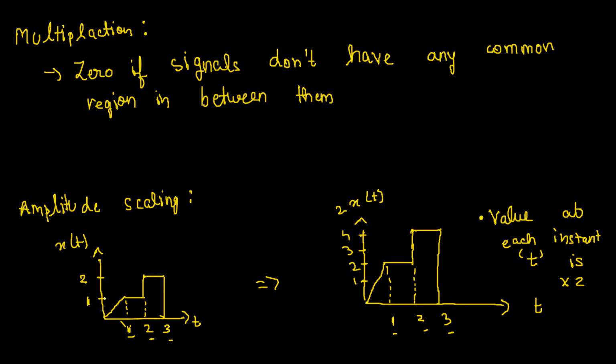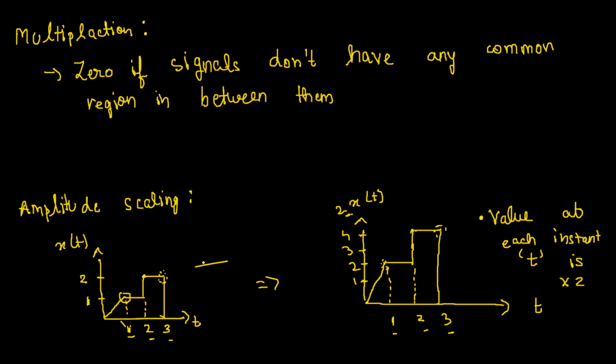So let's say at 1 we have x of t equal to 1. Now since we are multiplying it with 2, at 1 our amplitude goes to 2. And at 2, since we have 1, that goes to 2. And at 3 we had the value of x of t as 2, so we multiply that with 2 and the value at 3 becomes 4.